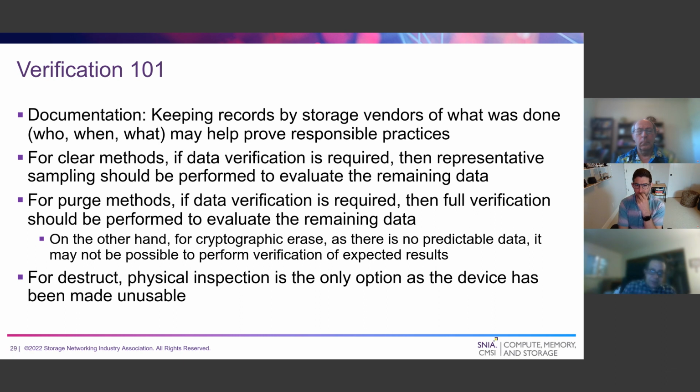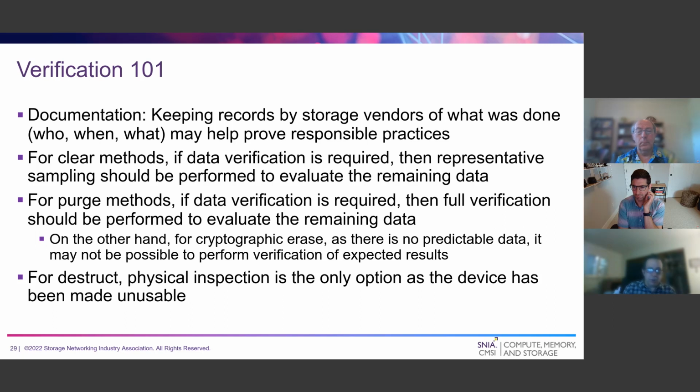For clear methods, IEEE 2883, when it's available in a month or so, is going to tell you that if you have data verification required, then you want to do representative sampling. And I'm going to explain what it is in an upcoming slide. And for purge methods, similarly, you might want to do a full verification.